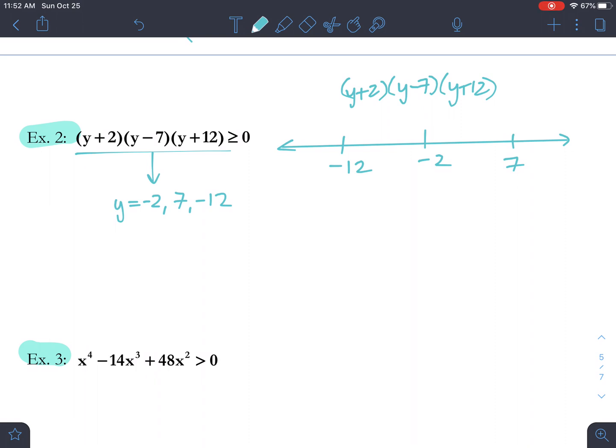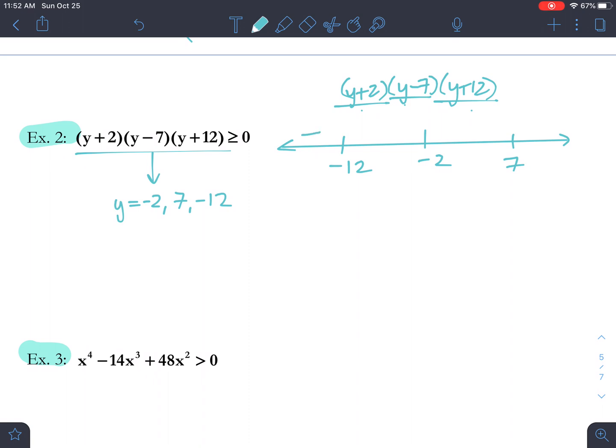So, what's something less than -12? I'm going to pick -100. You can literally pick any number below -12. This would give me a negative. If I plug in -100 here, negative. If I plug in -100 here, negative. Negative times a negative times a negative is a negative. All right.